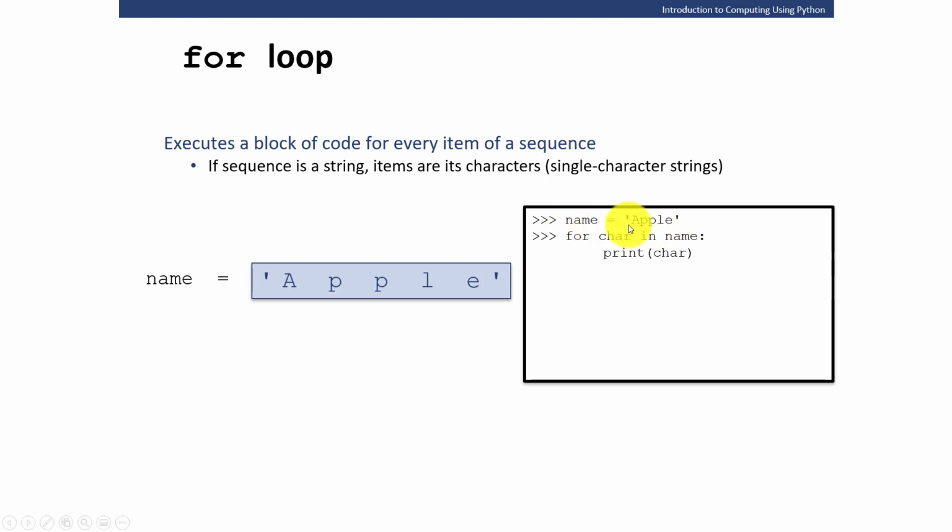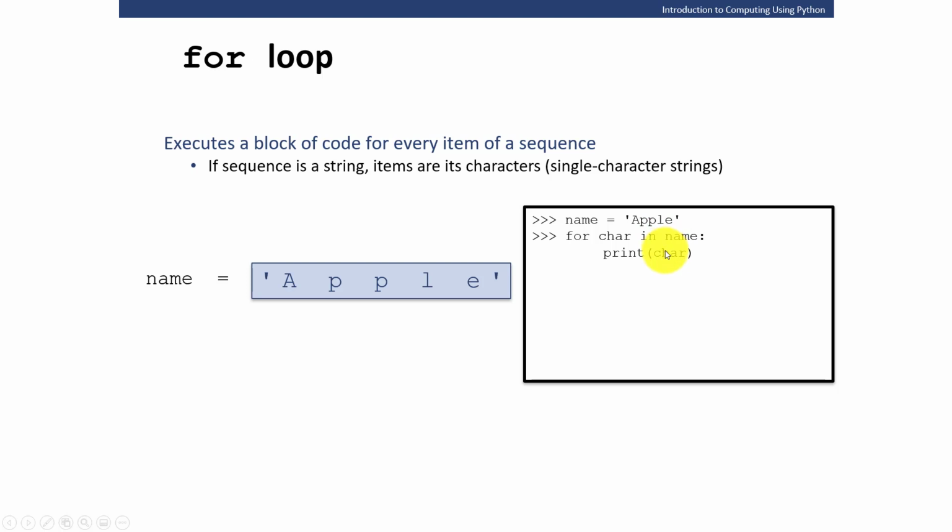So I will use the keyword for char in name. Remember that it's an in operation. So if this character, which is a substring, appears in that string, print that char. Okay, so for each char, it will be printed.